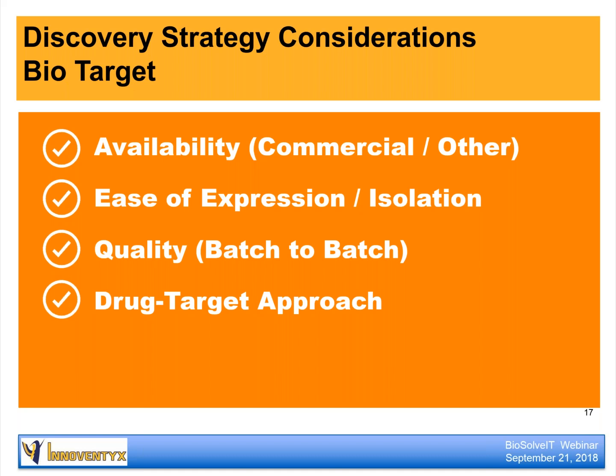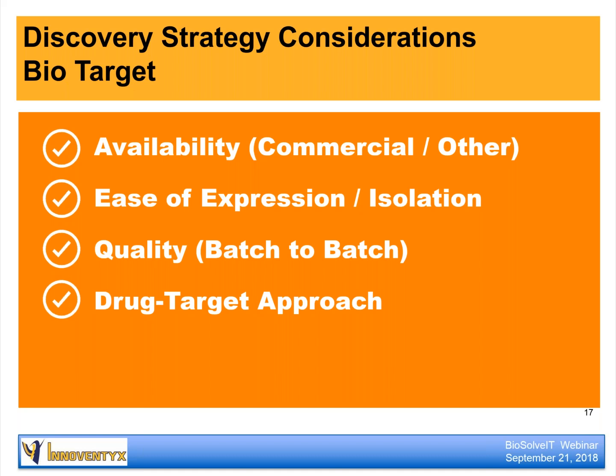How easy it's going to be to express a biological target of interest, and how easy or complicated it is to isolate. That takes an impact on how much time it's going to take for you to get a hold of that. Something that is extremely important is the quality, because when you get the biological target, you start running your assays with it.